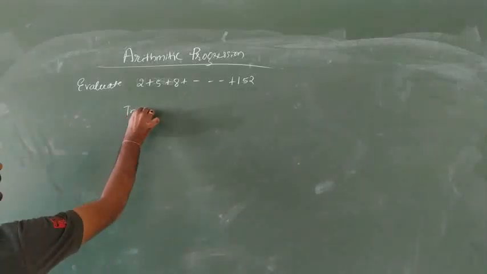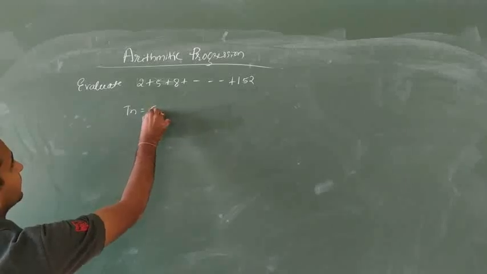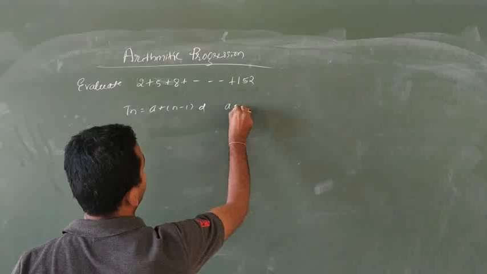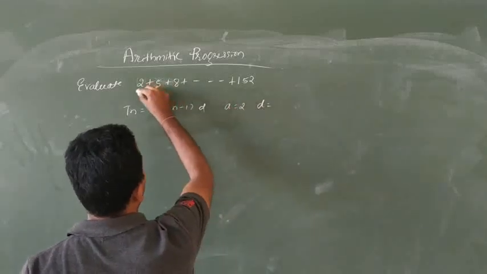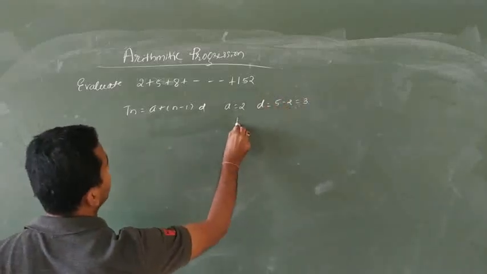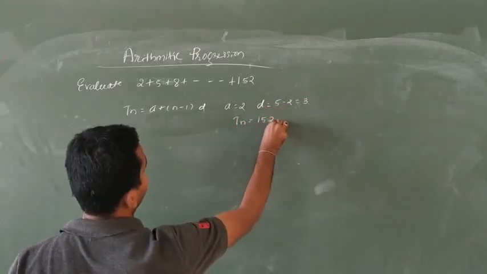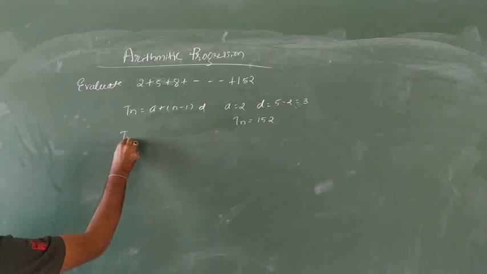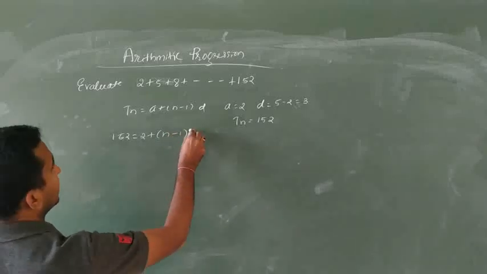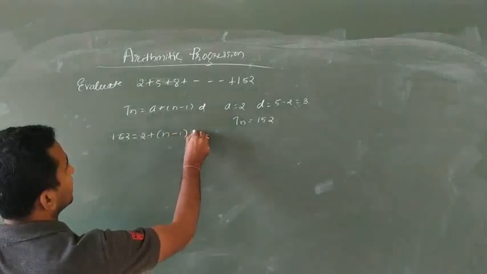We can find that by Tn equal to a plus n minus 1 into d. Here a is 2, the common difference is 5 minus 2, that is 3, and Tn is 152. So 152 equals 2 plus n minus 1 into 3.